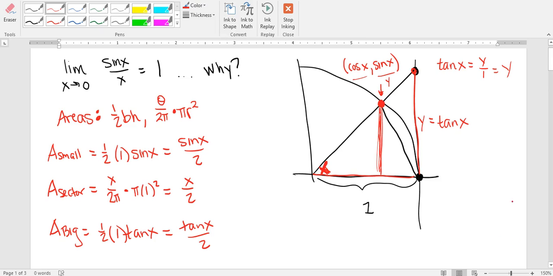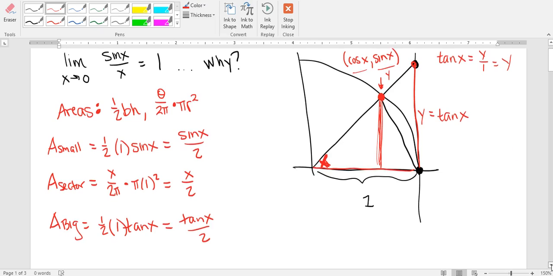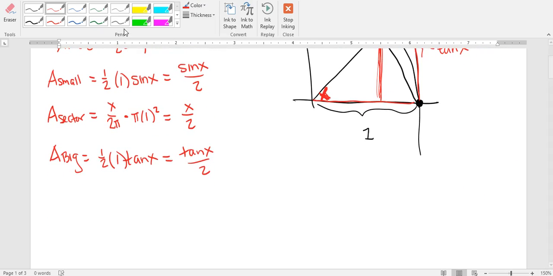So using that idea, we can form an inequality statement using these three areas. We could have the area of the small triangle be less than or equal to, because remember they could be equal if all three areas were 0, the area of the sector, and even that is going to be less than or equal to the area of the big triangle.